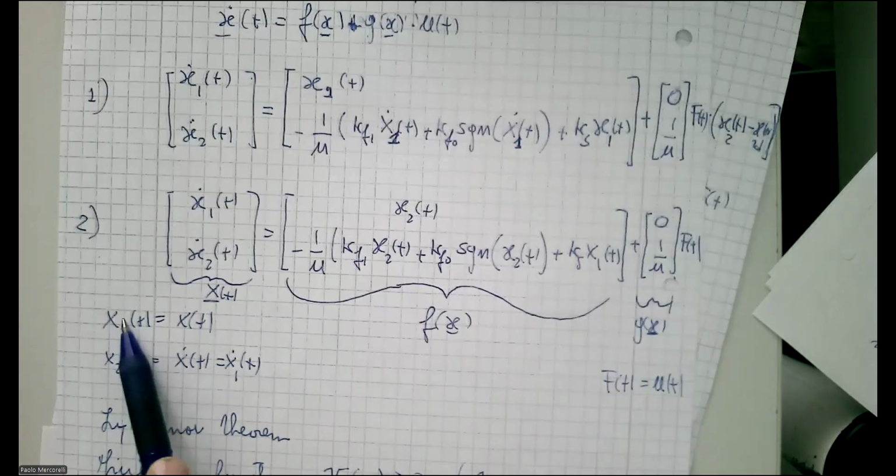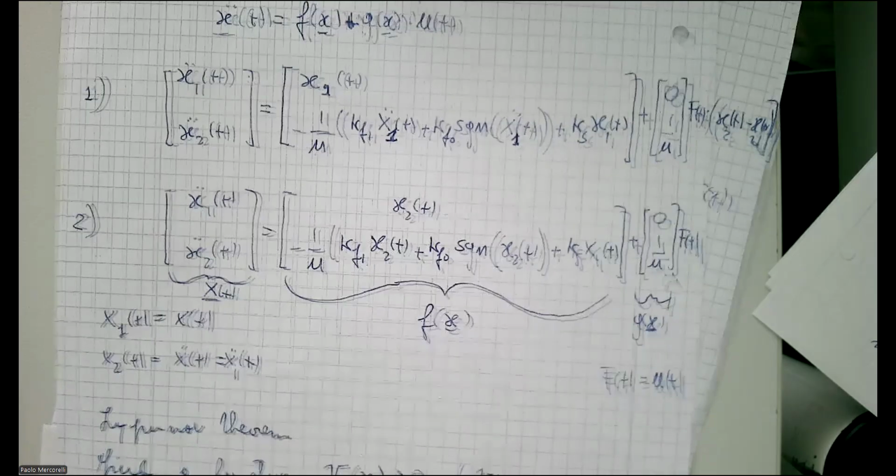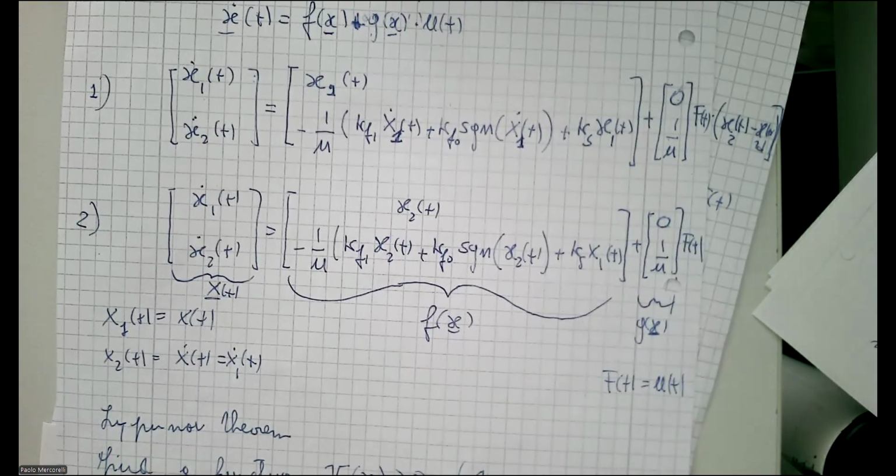But with respect to x1, the relative degree between x1 and f is 2, because I have to take the derivative of x1 twice to obtain f of t.